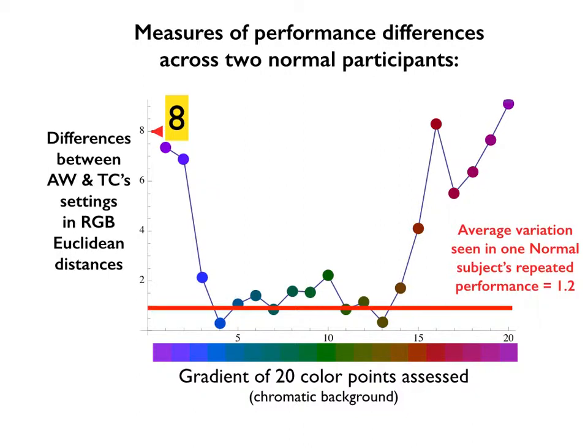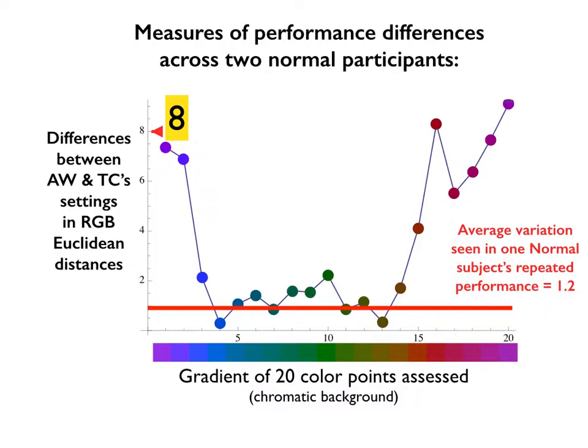What I'm showing you here is a curve that is a measure of performance difference between 2 subjects. The color gradient on the bottom are 20 colors that we tested in color space for this isoluminance task. And the curve represents the difference between 2 subjects' observed settings as measured in the RGB space by Euclidean distances. The details of how this is computed is not important.